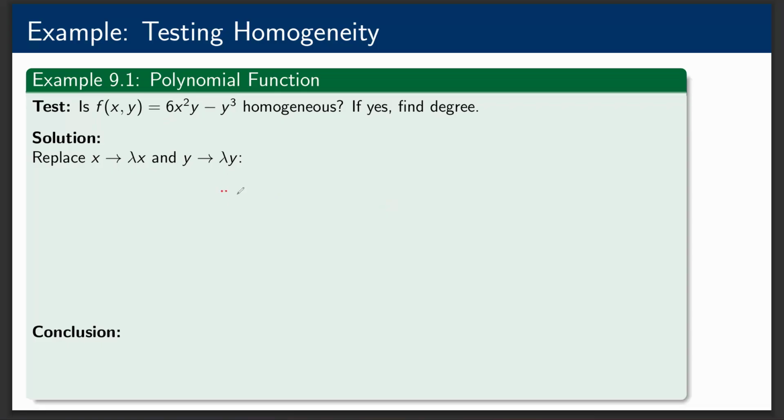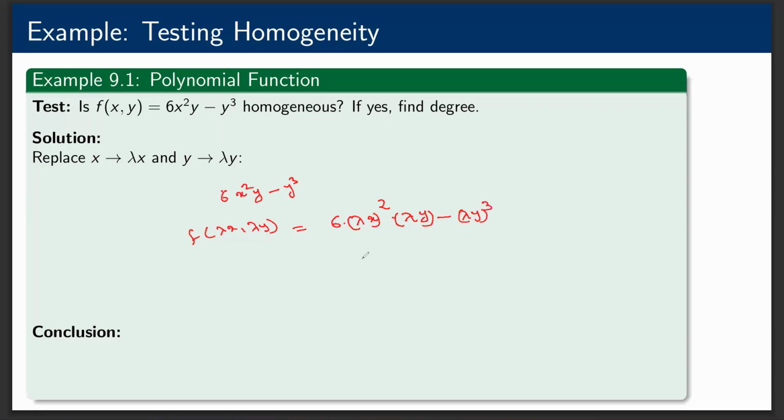So given the function f of x, y equal to 6 x square y minus y cube, the new function will be f of lambda x, lambda y, which is equal to 6 into lambda x whole square, into, in place of y, lambda y, minus lambda y whole cube.